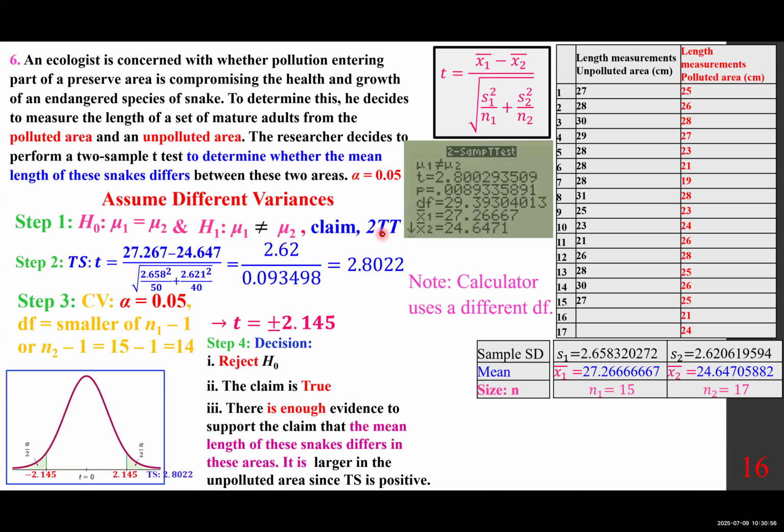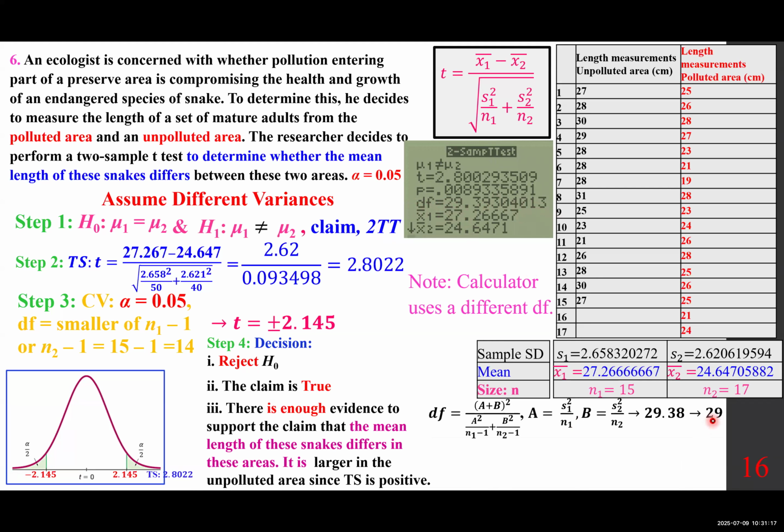Note the calculator uses different degrees of freedom. The degrees of freedom it uses this complicated formula, and take a look at this one. This is the degrees of freedom, but 29. By the way, they always round down.